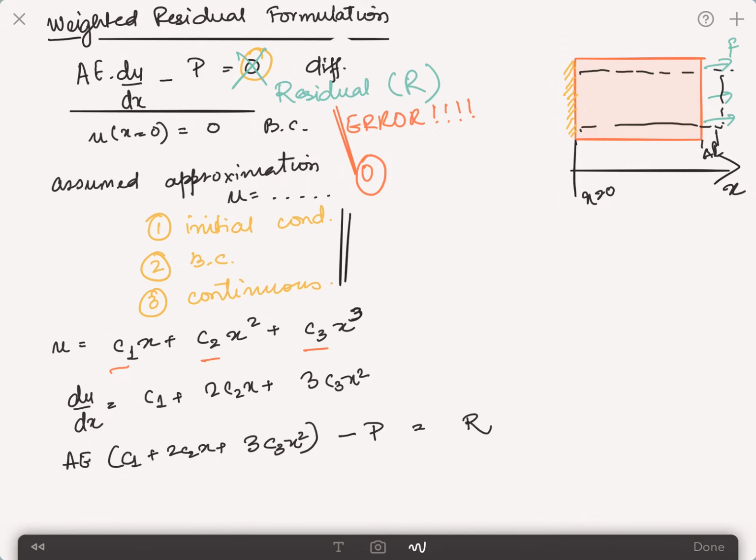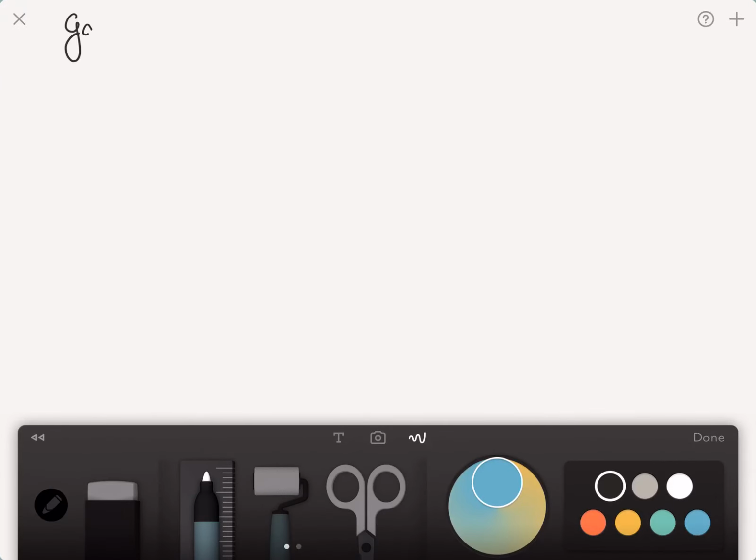Now in the weighted residual formulation, there are a number of different methods, as I already explained. But we are only going to look at one particular method, which is called the Galerkin method. In the Galerkin method, you minimize the residual to get a solution to the given problem by forcing a certain condition: we have to pick weighting functions which have to be orthogonal to the residual.